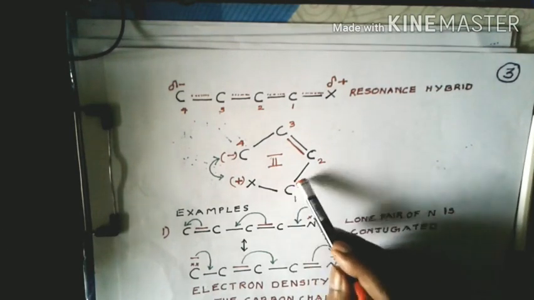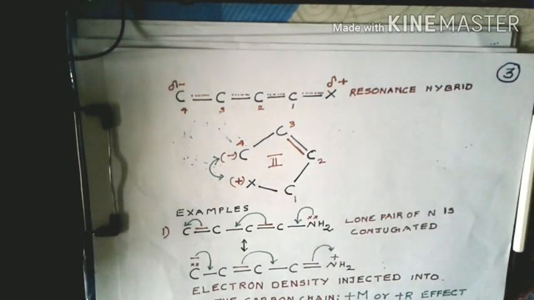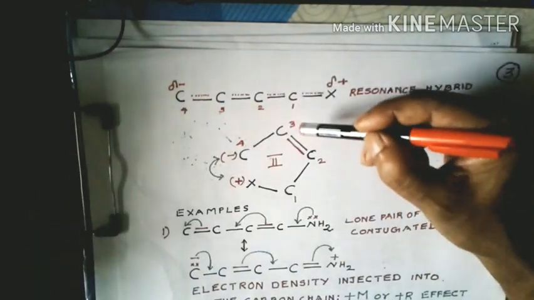Here also bond pair repulsion will occur, and so due to repulsion, the potential energy of the system is raised, making the structure unstable. Now at the same time, the bond between C3 and C2 will be stretched.